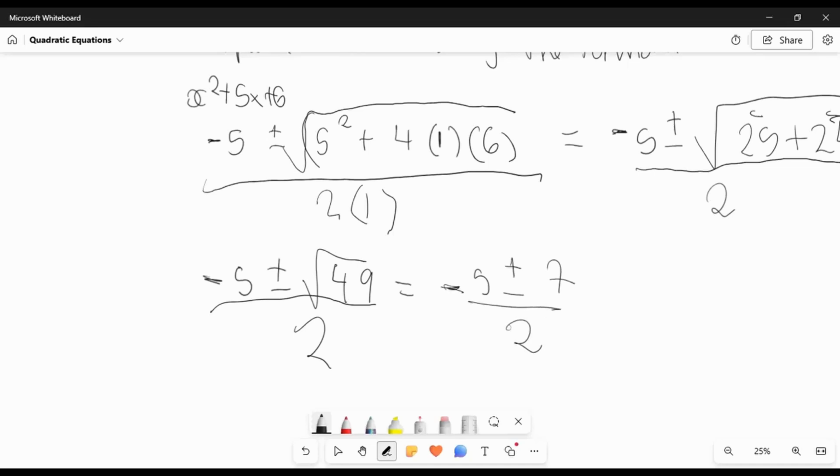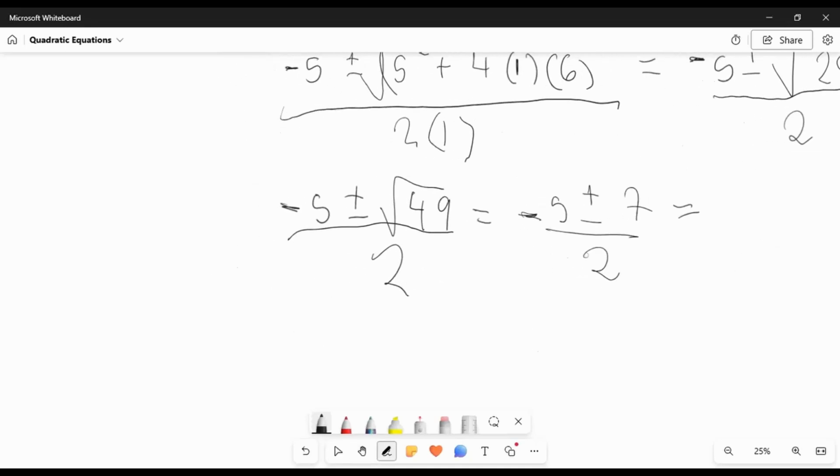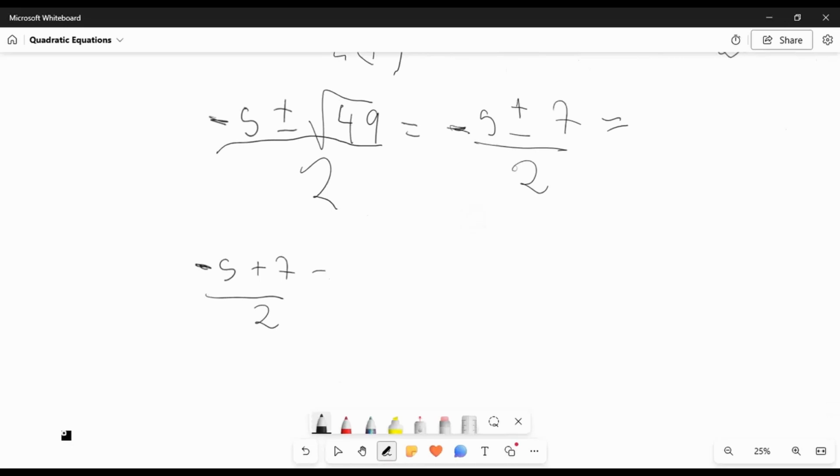Now, let's work out the numerator, but the denominator is just okay. We need to work out the numerator so that we get the two x values. So it's going to be negative 5 plus 7 over 2 and negative 5 minus 7 over 2.